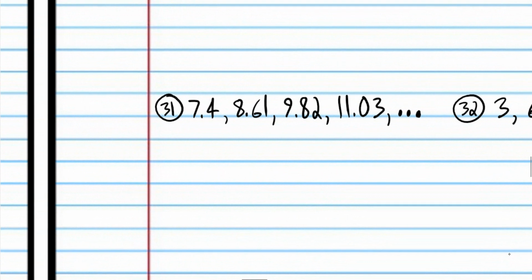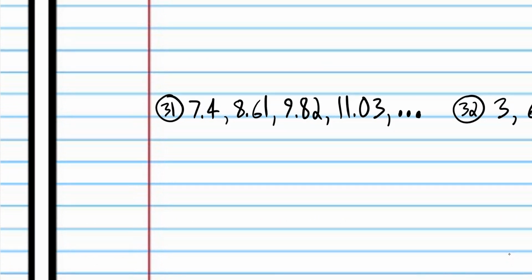Alright, we're back. So it's kind of hard to see exactly what this is going to be. Let's try subtracting 7.4 from 8.61. We get 1.21. So if we subtract these, 9.82 minus 8.61, we get the same number. So it looks like this is going to be arithmetic.